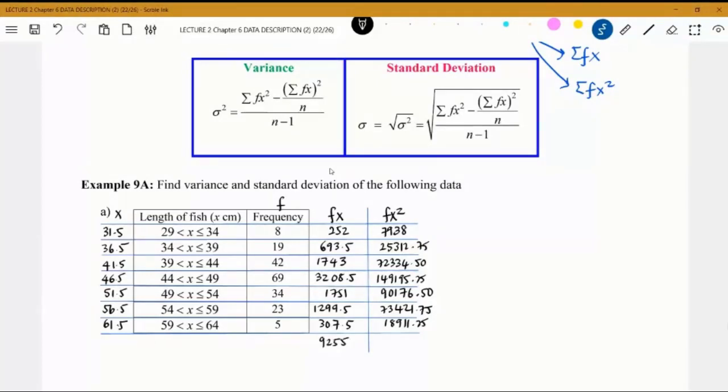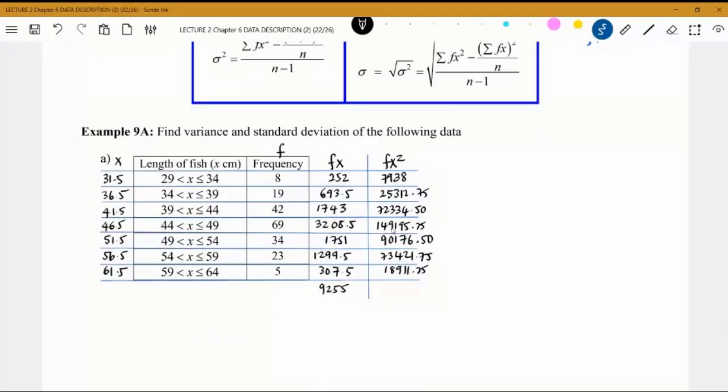For the fx square, we're gonna have 437290.